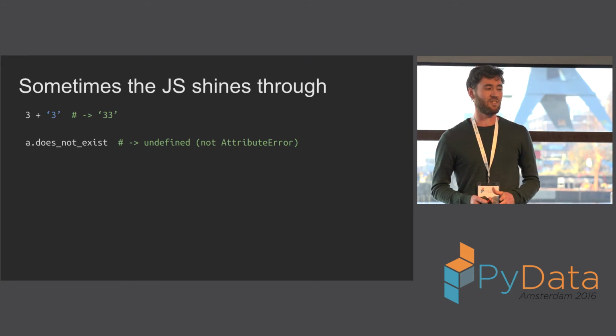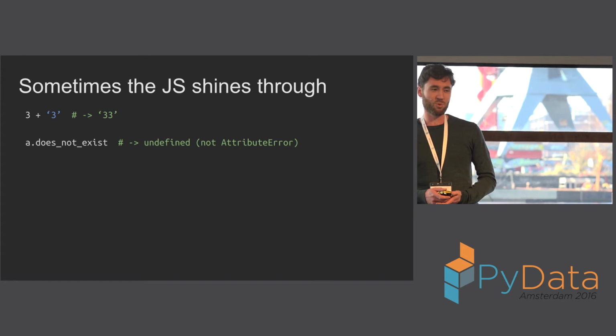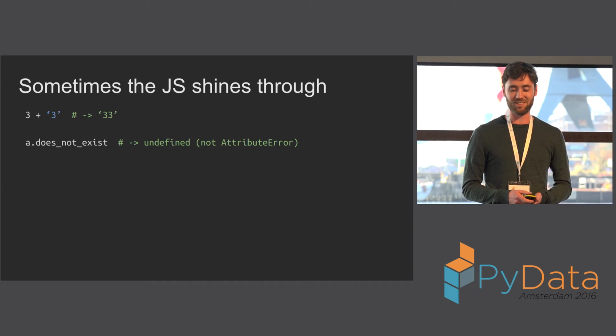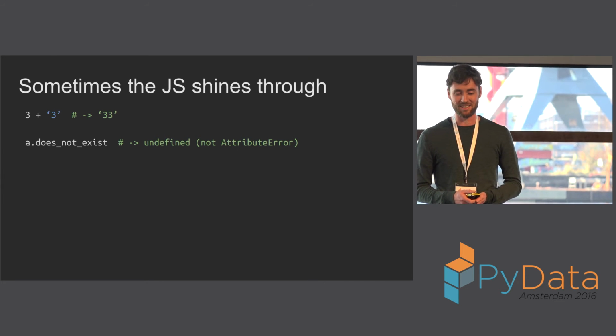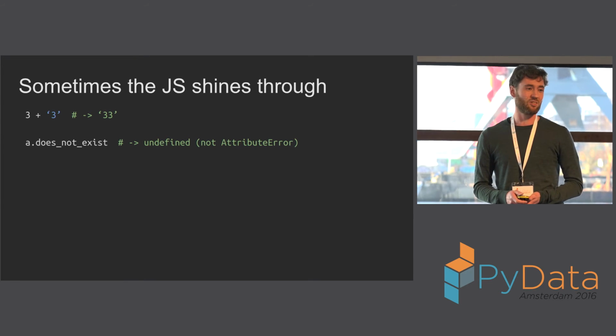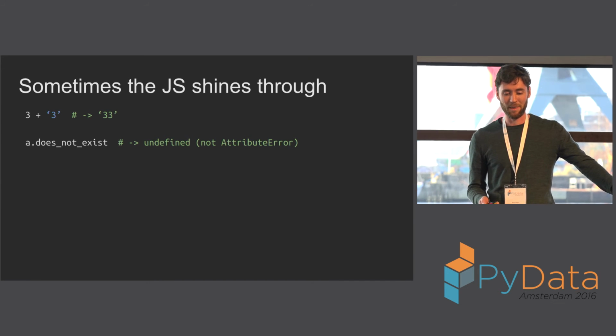However, and this is, I guess, the big disadvantage of any transpiler-based project, sometimes the JavaScript shines through. In some cases, this is not necessarily that bad, quite harmless. But it can be annoying or unexpected, especially if you're not used to JavaScript, or if it's not something that you keep in mind.